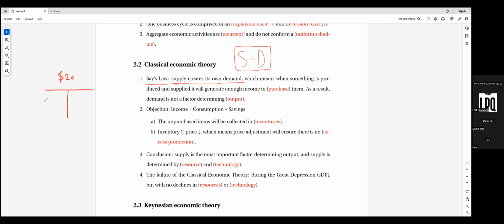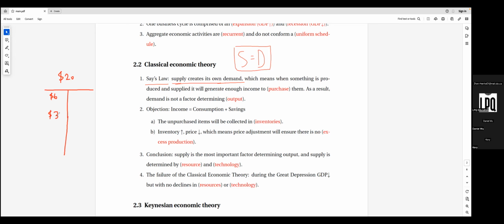For example, I pay $6 to human resources because I hire workers, so the human resource cost is $6 per unit. I also pay $3 for each unit to those who give me the raw materials.